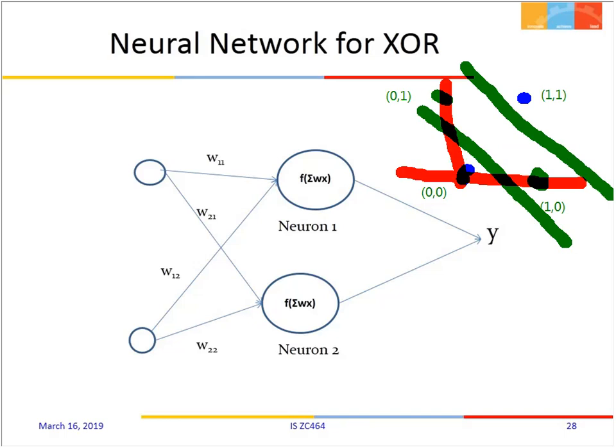So here you can see a simple correlation between these boundary lines and the number of neurons. If I am able to separate the data using two straight lines, then we can make use of two neurons and it will be able to give me the classification correctly with no classification error.